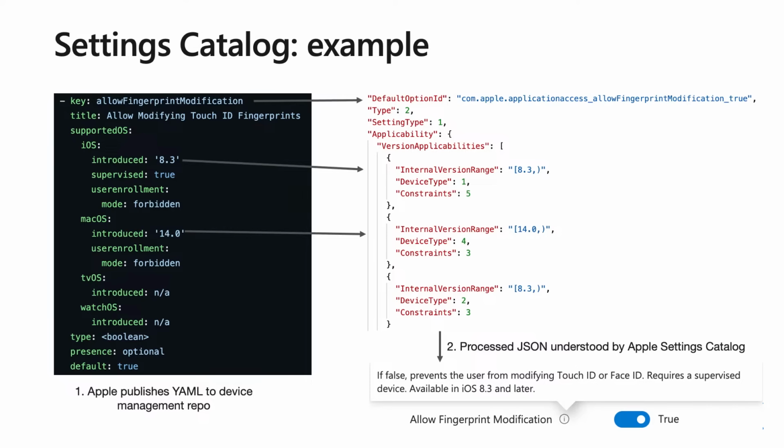We on Intune take those YAML documents, we ingest them and transform them into metadata to be stored in the settings catalog. Our internal infrastructure uses that metadata to, number one, expose and render the settings in the management console via our settings catalog experience. And number two, dynamically process the settings to be forwarded to the devices once they are configured.